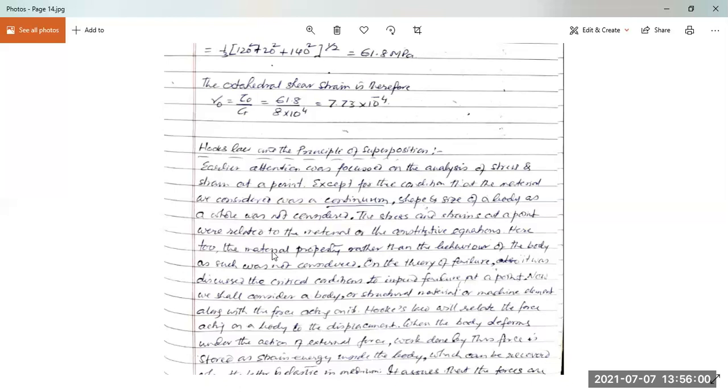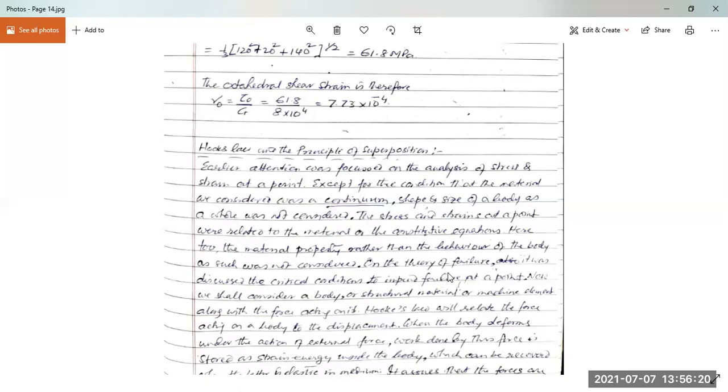Here too, the material property rather than the behavior of the body as such was not being considered. How the body behaves under stress we have considered, but what exactly the material's property is, we have not taken into account.